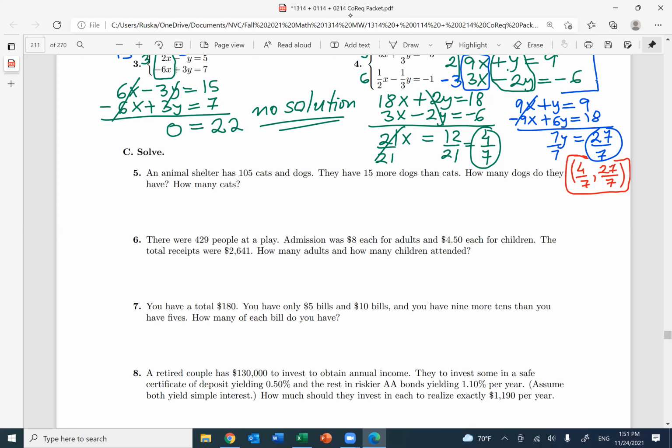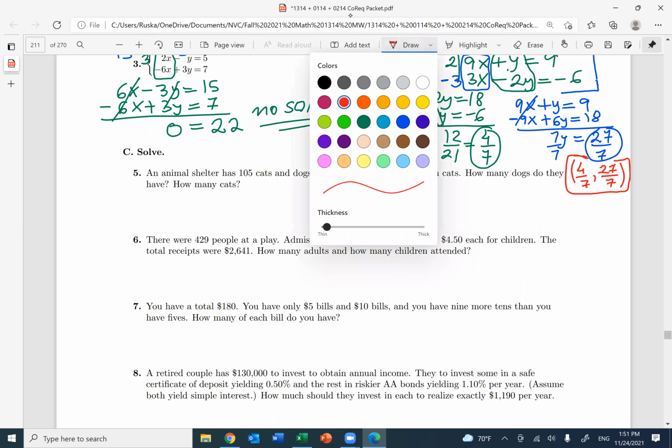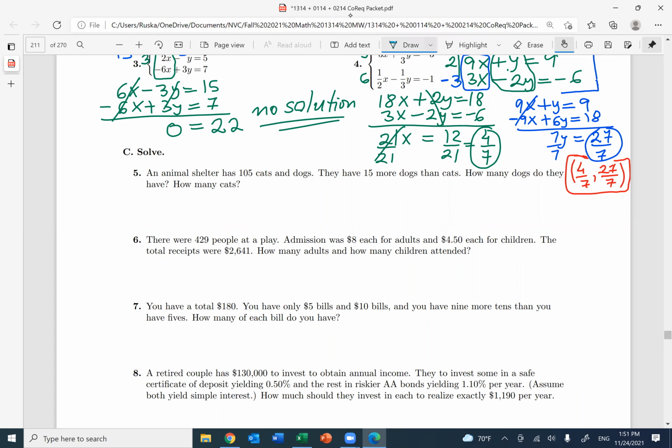An animal shelter has 105 cats and dogs. And they have 15 more dogs than cats. How many dogs do they have? How many cats? So let's say the cats are X, the dogs are Y. So the total is 105, right? So the first equation is going to be X plus Y equals 105, right?